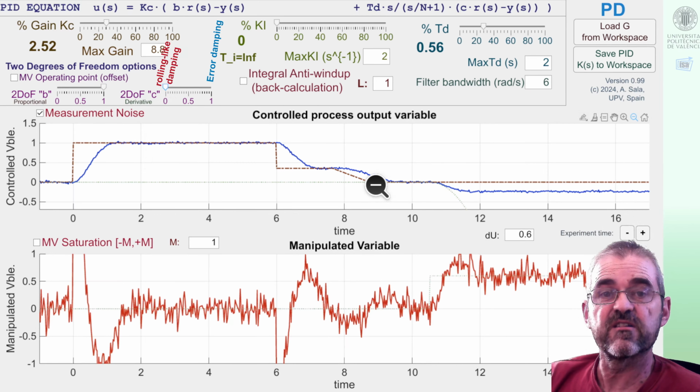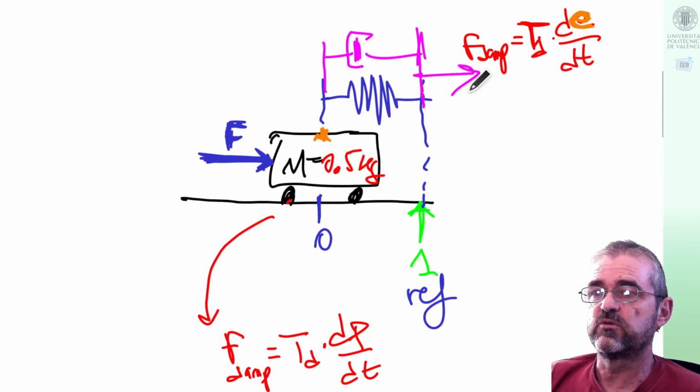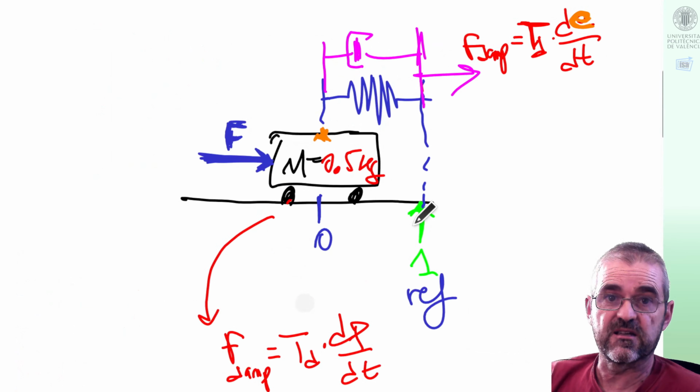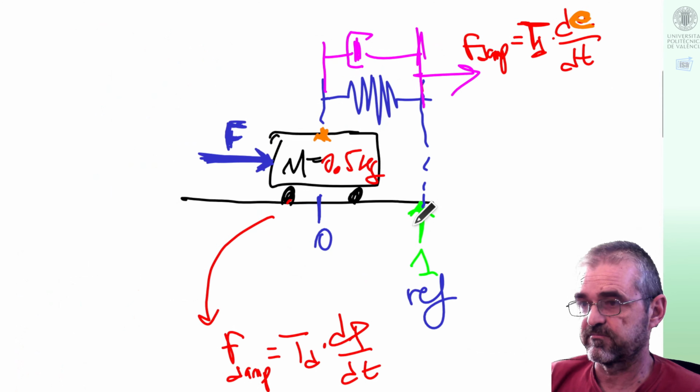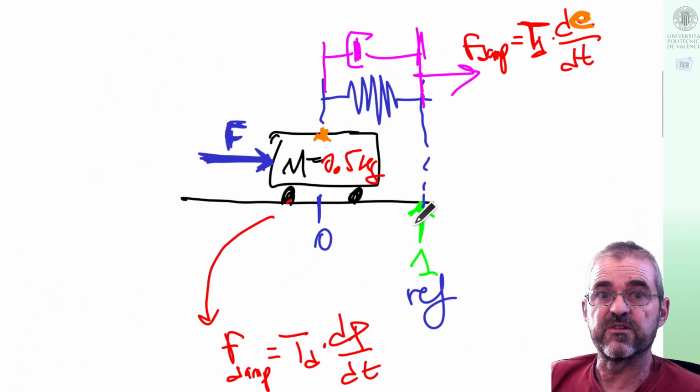So this is the step versus ramp discussion with these two options of damping. As I said, you can settle for something in the middle if you have a mixture of steps and ramps. And the amplitude of that derivative kick also depends on the cutoff frequency of your noise filter.